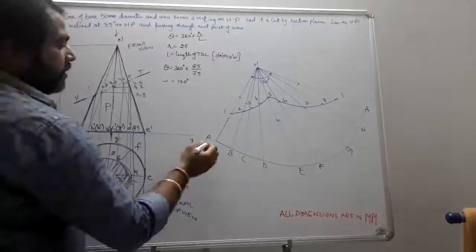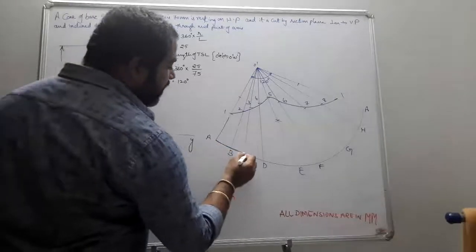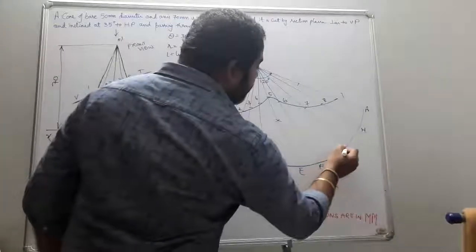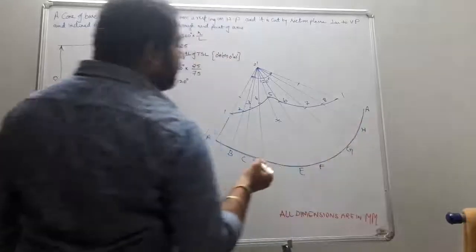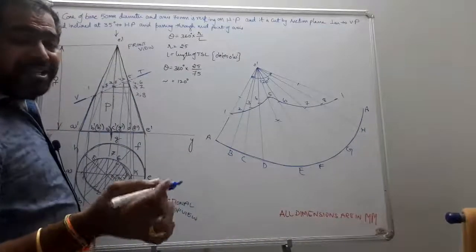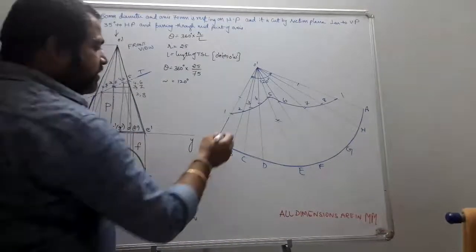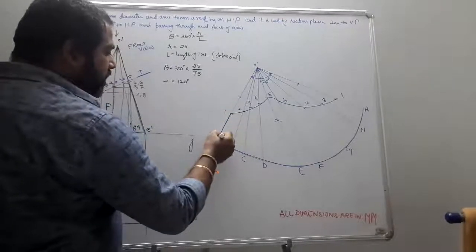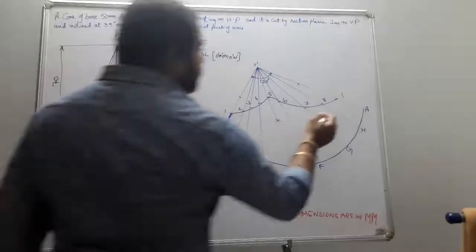Here is the cone, which has a base circle of circular shape, and there are no slant edges here, only two end generators. Those end generators are the only ones highlighted like this.